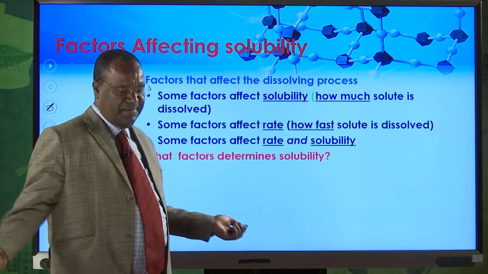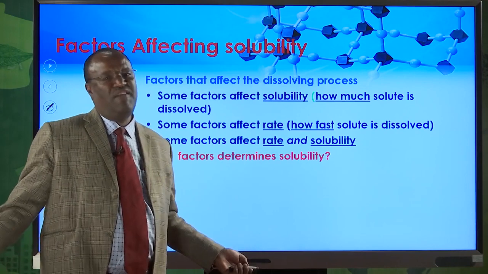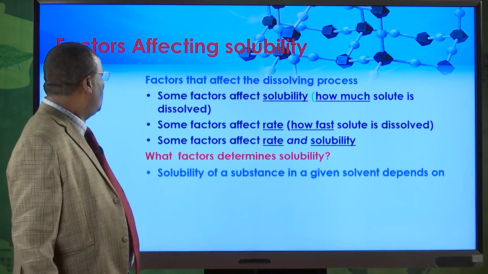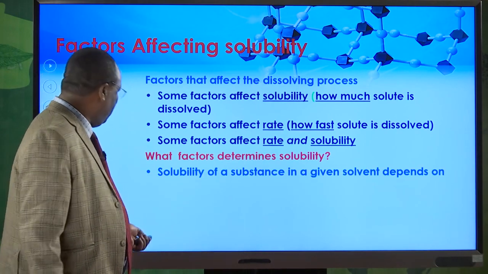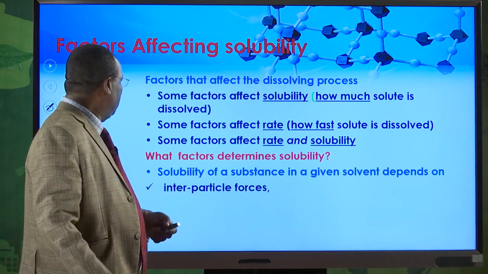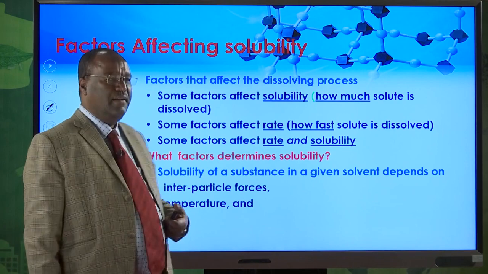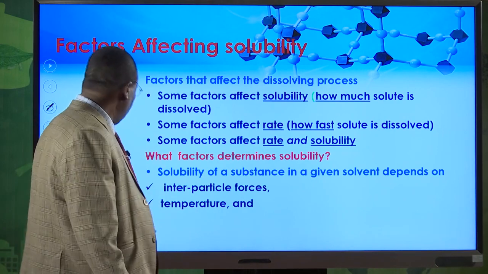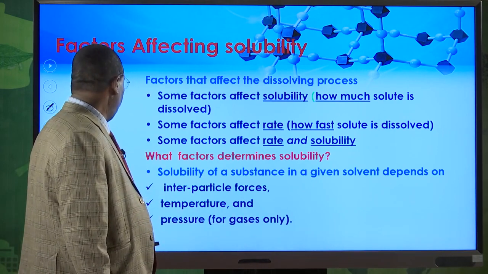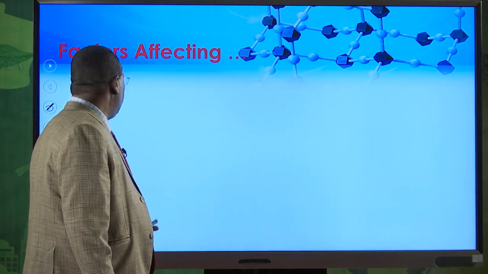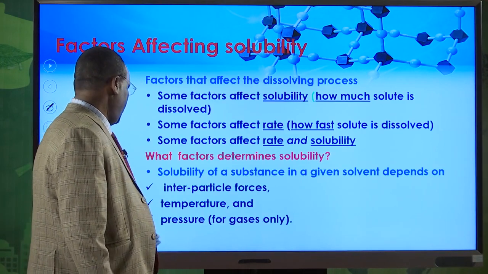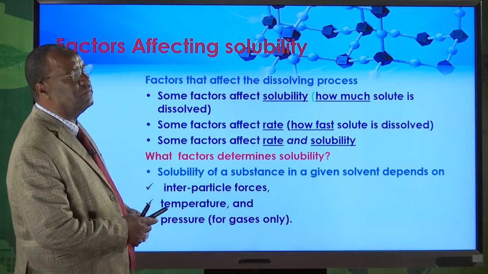What factors determine this rate and the solubility? Solubility of a substance in a given solvent depends on these conditions: interparticle force, temperature, and pressure. Temperature and pressure matter for gases only.